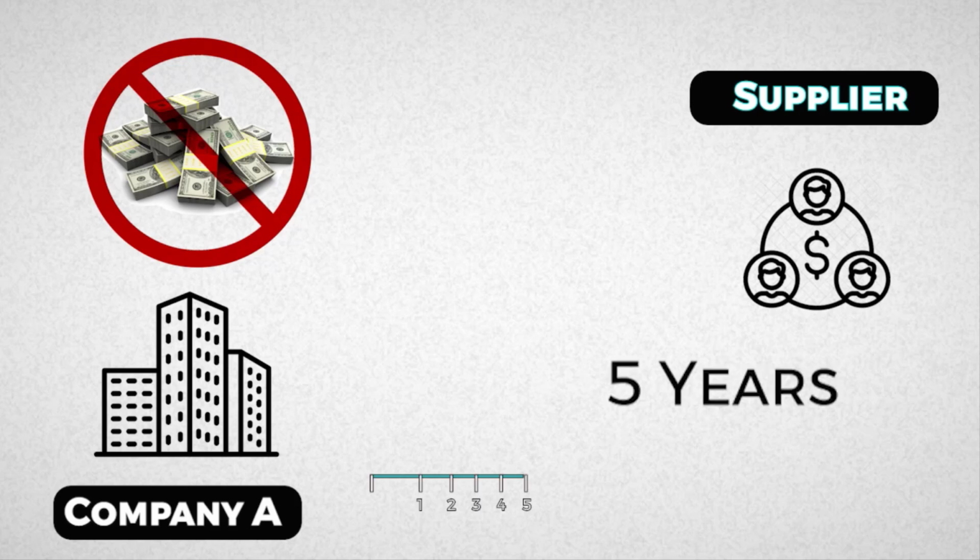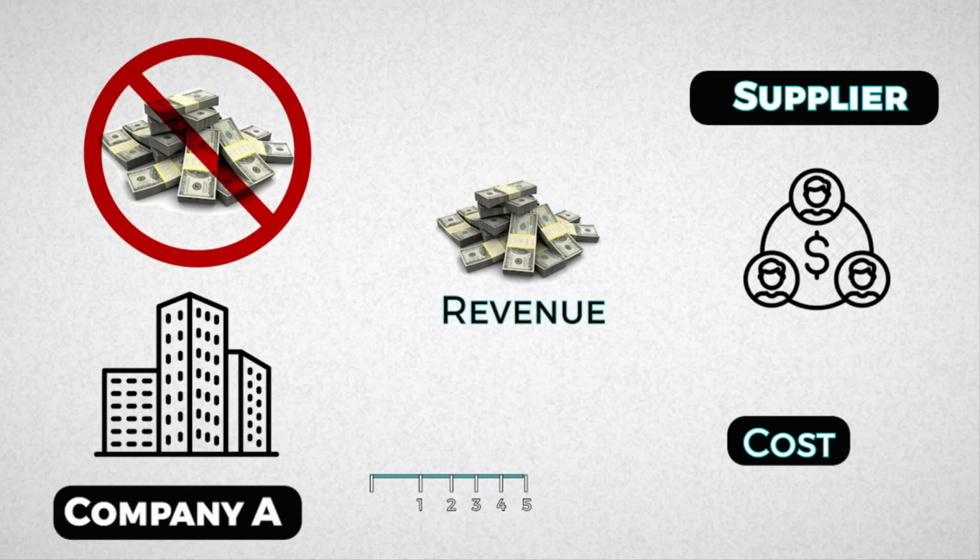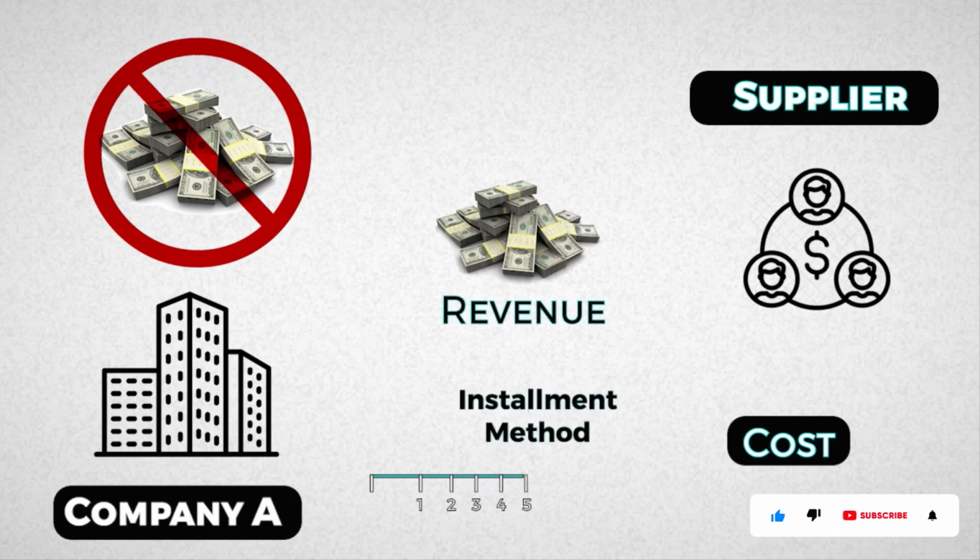From the supplier's point of view, he has incurred all the costs, but he is expecting revenue over a period of time. So in this case, what he must use is something like an installment method of recognizing revenues. Let's look at how exactly we can implement the installment sales method for recognizing revenue.